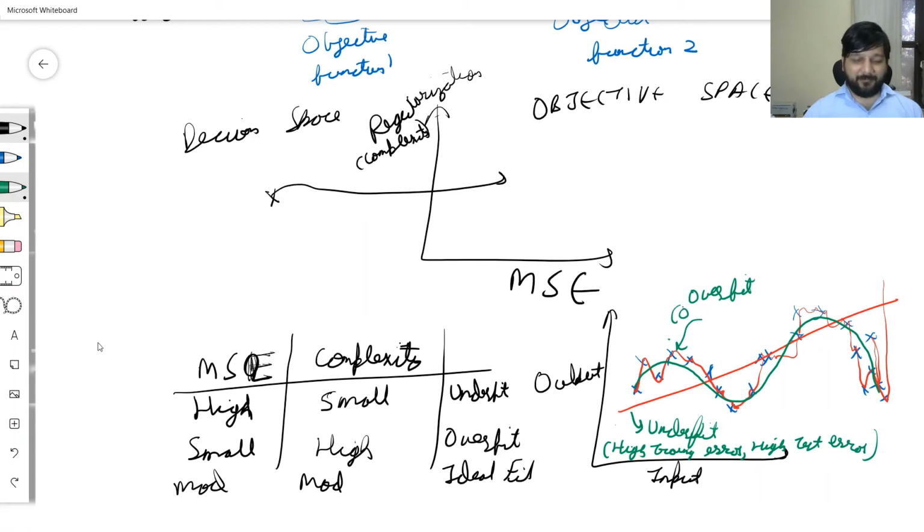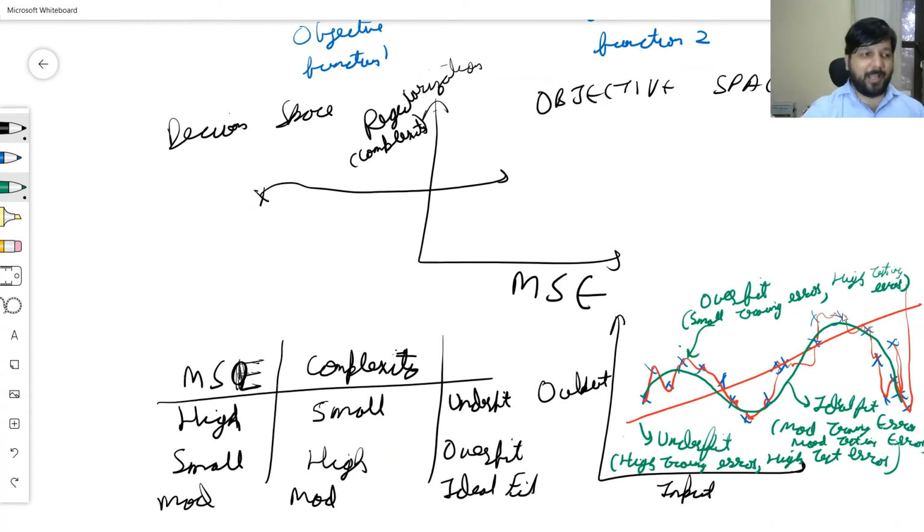You get very small training error and you get high testing error. And this one is, of course, the ideal fit. That's moderate training error and also moderate testing error. That's what I want to get.